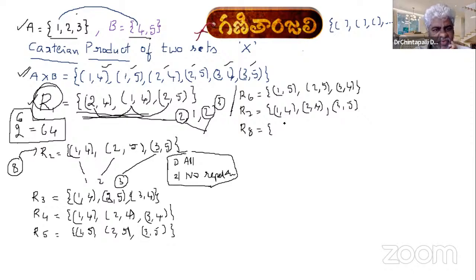1, 4, 2, 4, 3, 4 is over. 1, 5, 2, 5, 3, 5 is over. 1, 4, 2, 4, 3, 5. Next: 1, 5, 2, 4, and 3, 5. Very good.